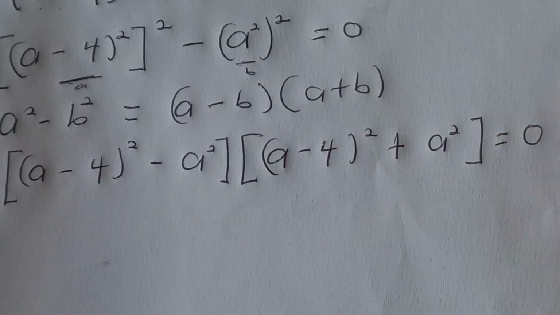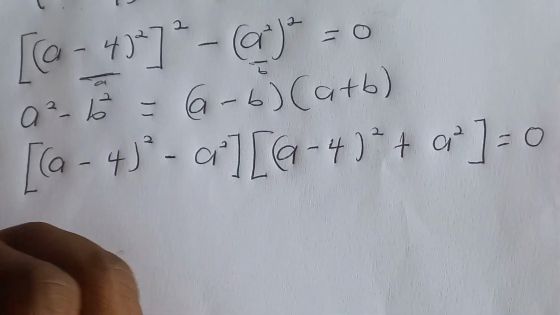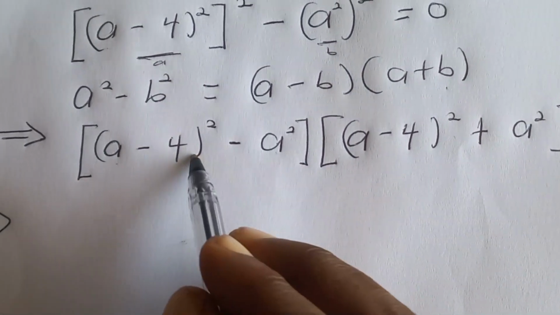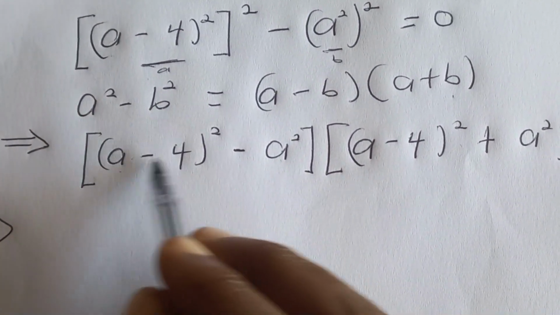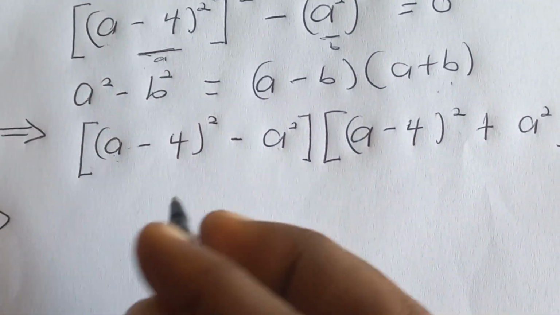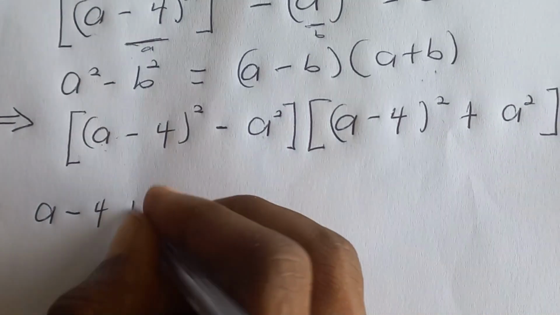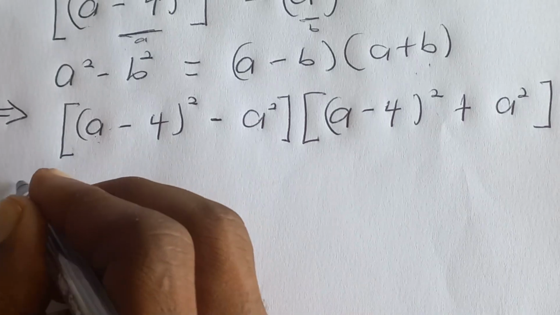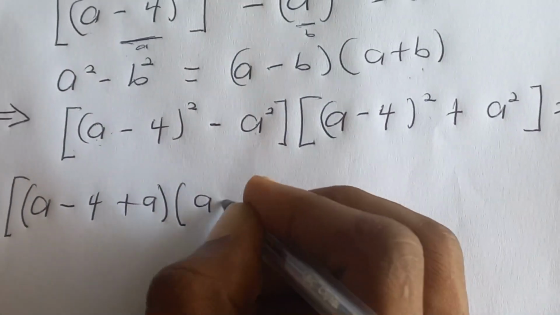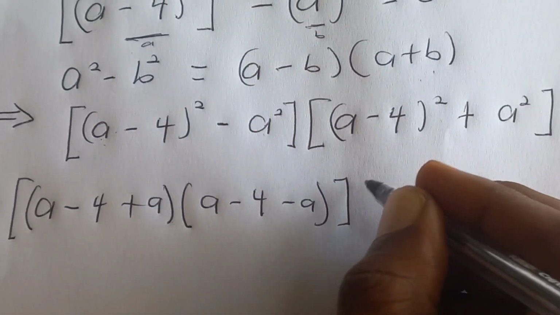Okay, so now we have to simplify what is in the bracket. As you can see, it's similar to this, so we are going to express it again as this. So we are going to get (a minus 4 plus a)(a minus 4 minus a), then we open another bracket.